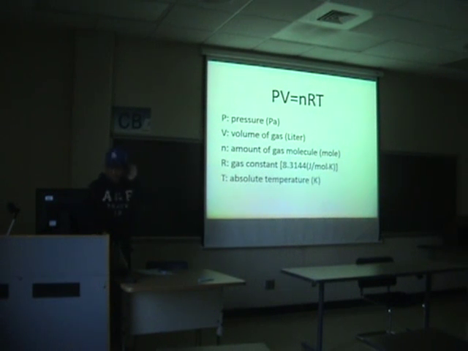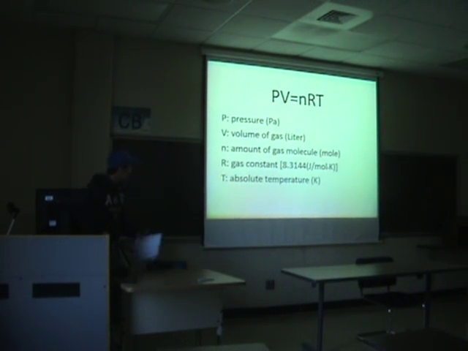The mole is based on Avogadro's number, a very huge number, 6.02 times 10 to the 23rd. So if we have 6.02 times 10 to the 23rd molecules or electrons or atoms, we can say that is 1 mole. If we have 10 moles, that means 6.02 times 10 to the 24th. Does that make sense? Okay.